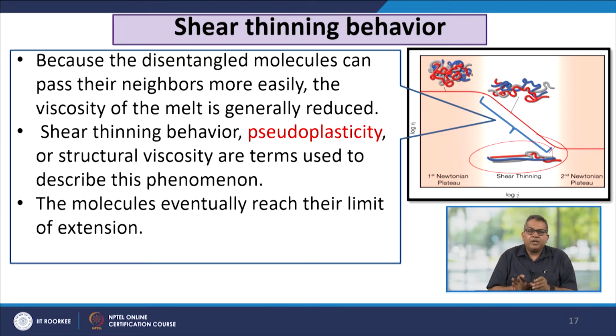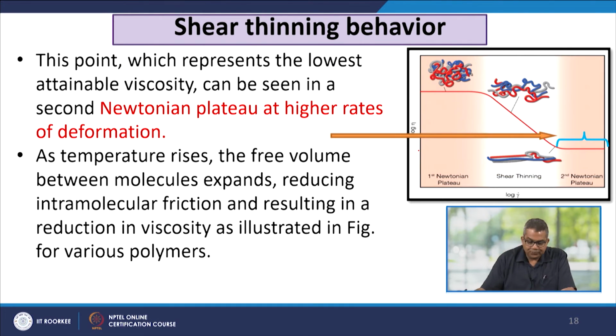Shear thinning behavior, pseudoplasticity or structural viscosity are terms used to describe this phenomenon. The molecules eventually reach their limit of extension. Here you can see this particular point, which represents the lowest attainable viscosity, in the second Newtonian plateau at high deformation, which is represented over here.